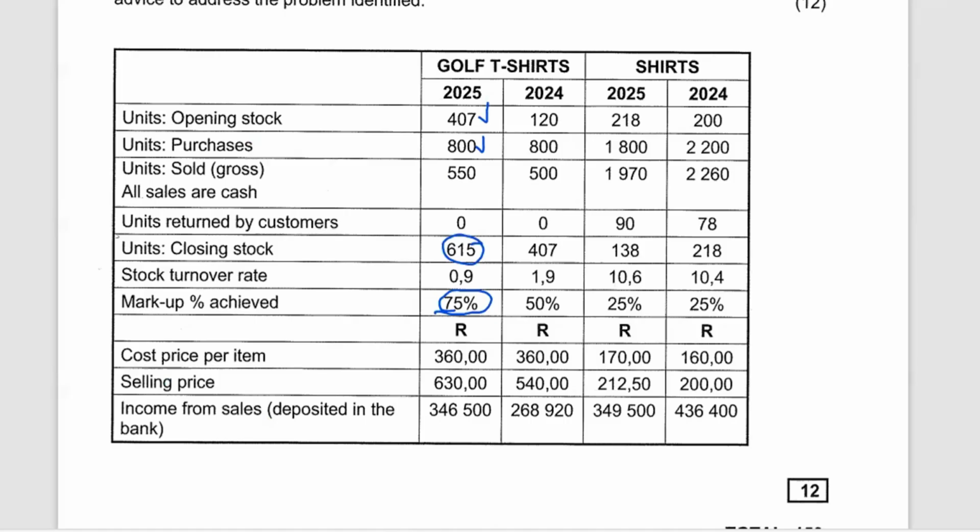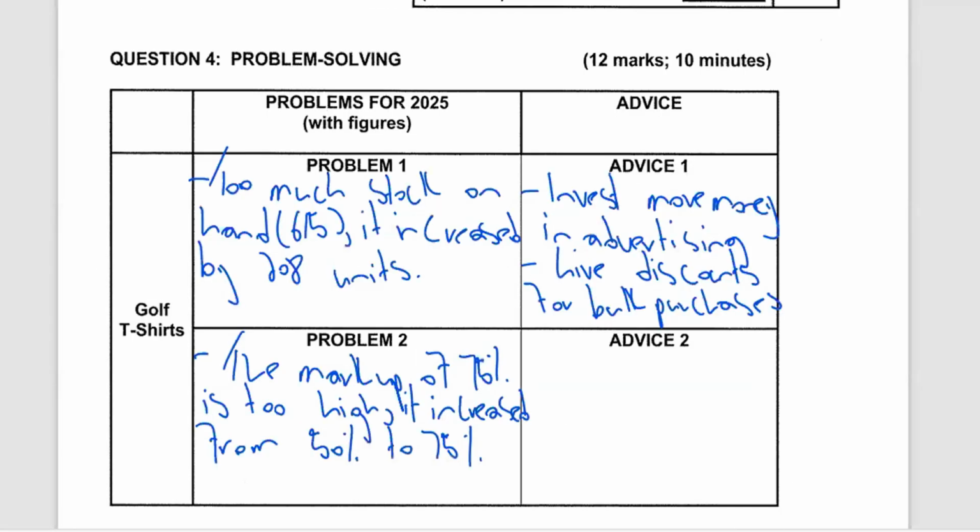So now we can also check the stock turnover rate. We can also use the stock turnover rate. Then if we can check, we can also check the purchases. Even though the sales are low and the opening stock was high, they purchased the same number of units. So now, advice for the markup of 75%, you can say reduce the markup.